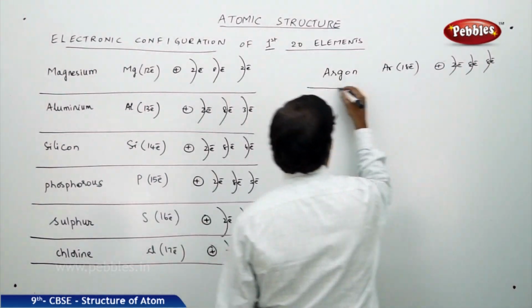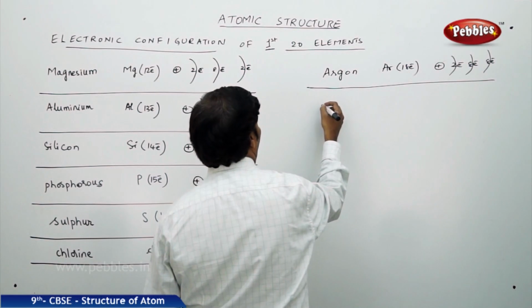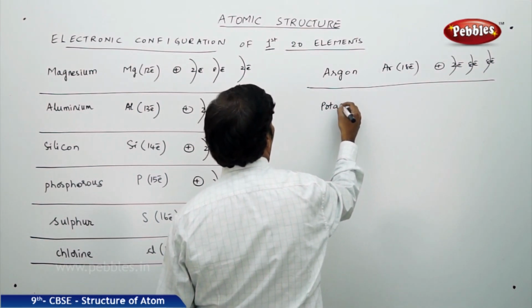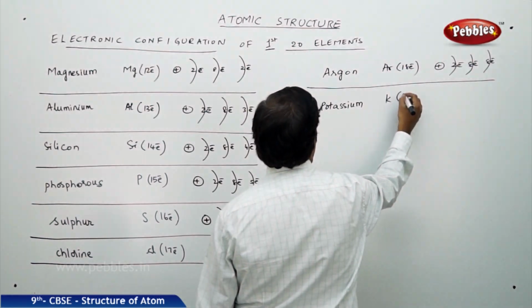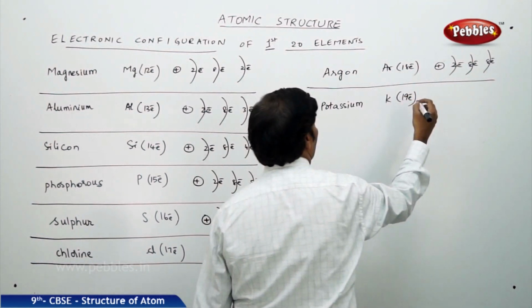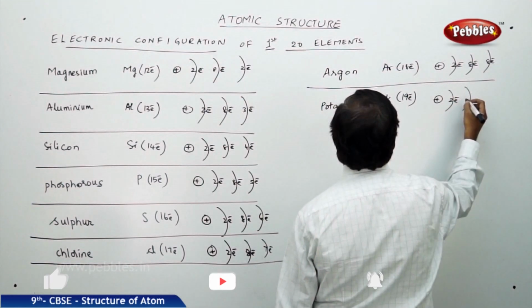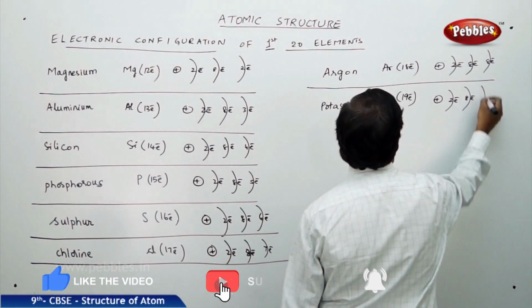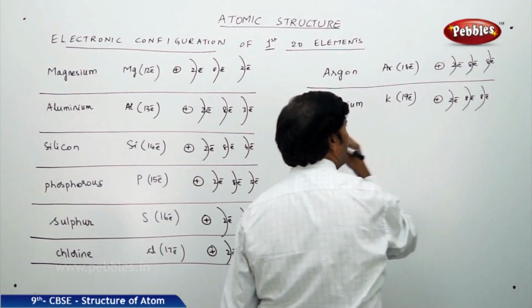This is for argon. 17, 18, 19: potassium, K, it contains 19 electrons. So here nucleus, first orbit 2 electrons, second orbit 8 electrons, again third orbit 8 electrons, and we have the fourth orbit.